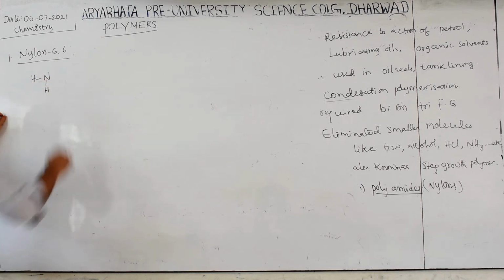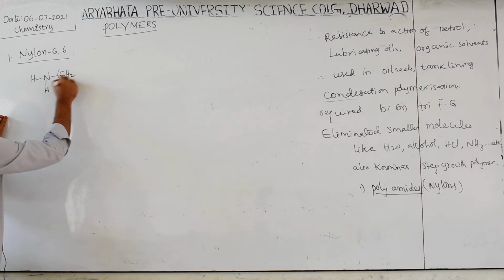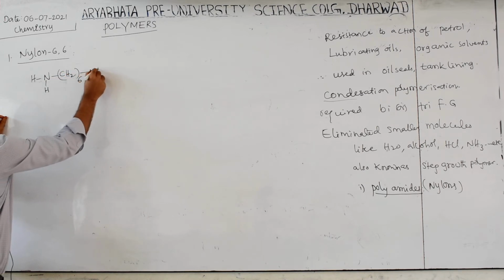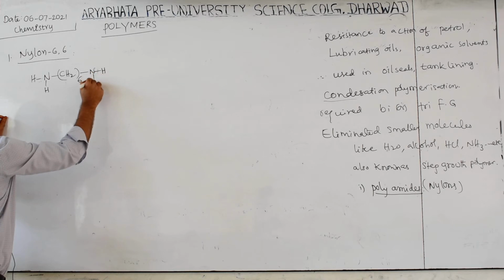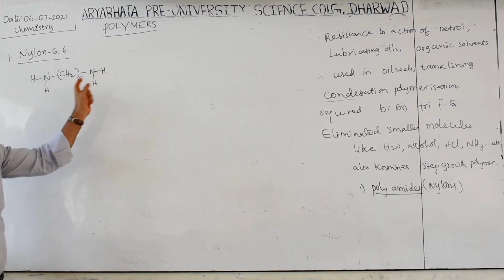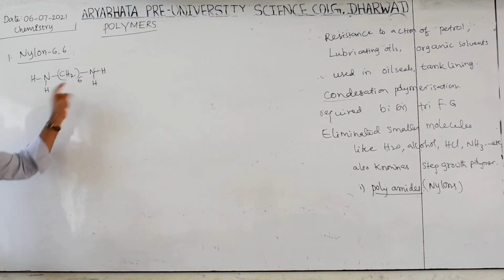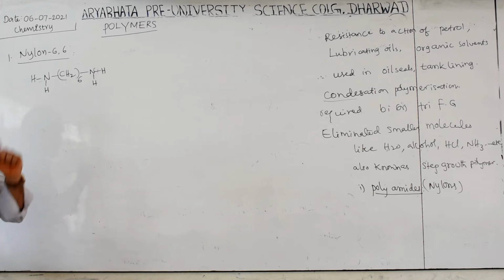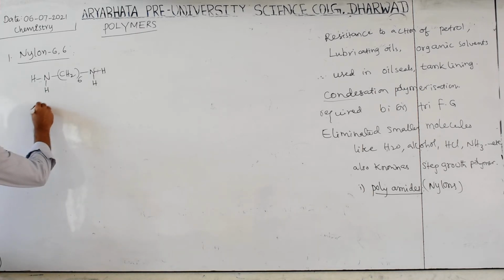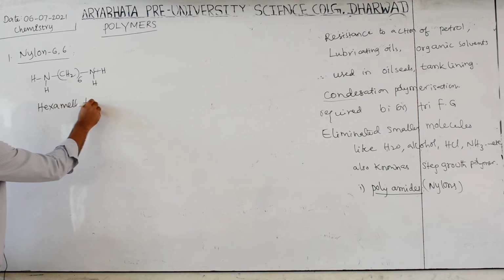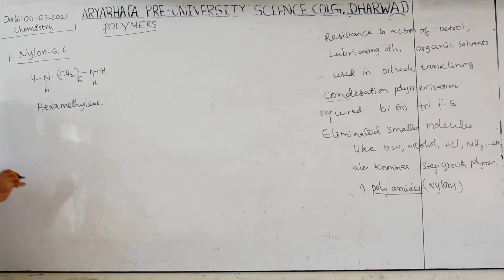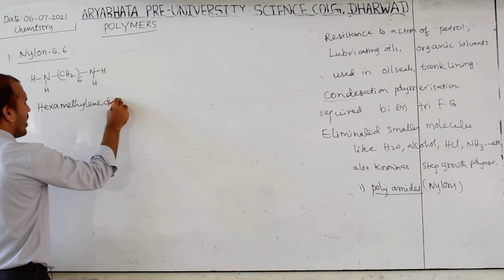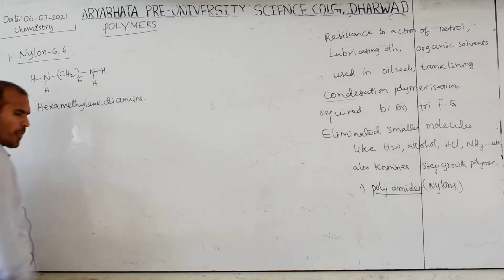NH2, CH2 taken 6, NH2. How many NH2 are there? 2. How many methylene are there? 6. Last class I already gave this. So this is called hexamethylene diamine.